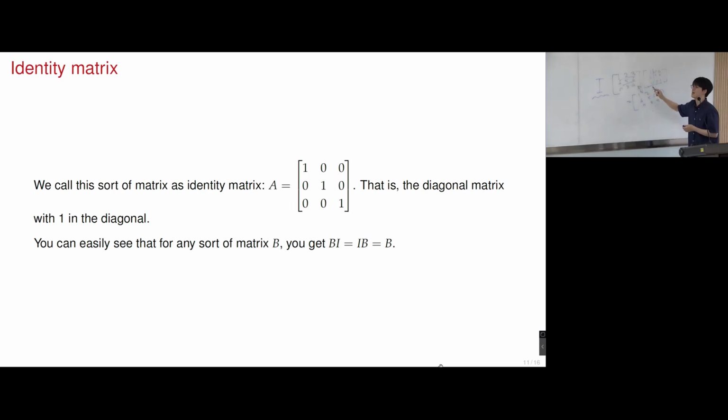So when we say identity matrix, we usually mean a square matrix, okay? The resulting matrix that we are multiplying will also most likely be square. So you can see that for any matrix B, if you do BI or IB, you're going to have B. We usually denote the identity matrix with the symbol I. So if you see an I, that means it's the identity.